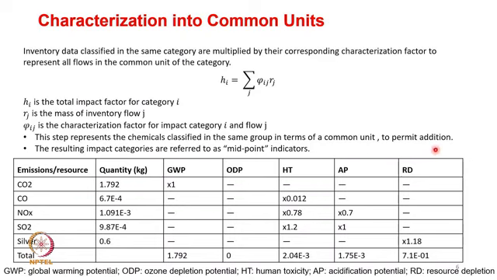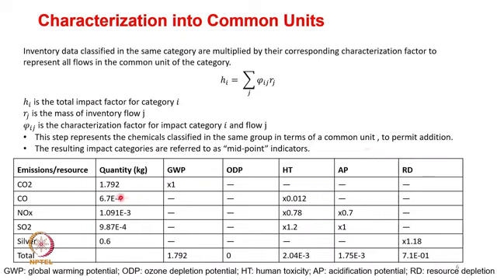So this typically represents the chemicals classified in the same group in terms of a common unit to permit addition, thereby resulting in the impact category, which we call the midpoint impact category. So for instance, if you see CO2, CO, NOx, SOx, and so on, this is one such example. You could find what we call the global warming potential, ozone depletion potential, human toxicity, acidification potential, and the resource depletion.